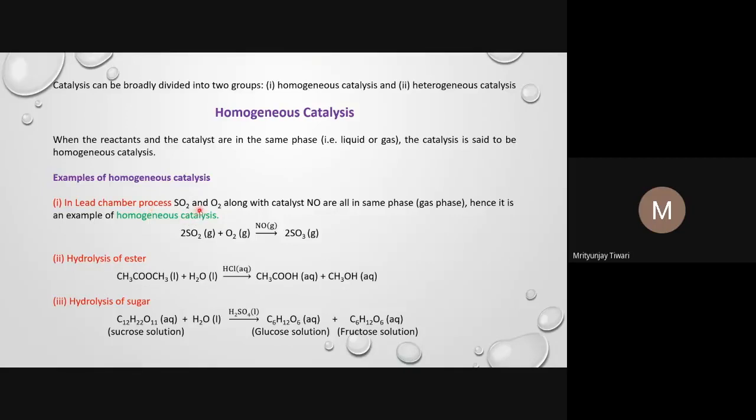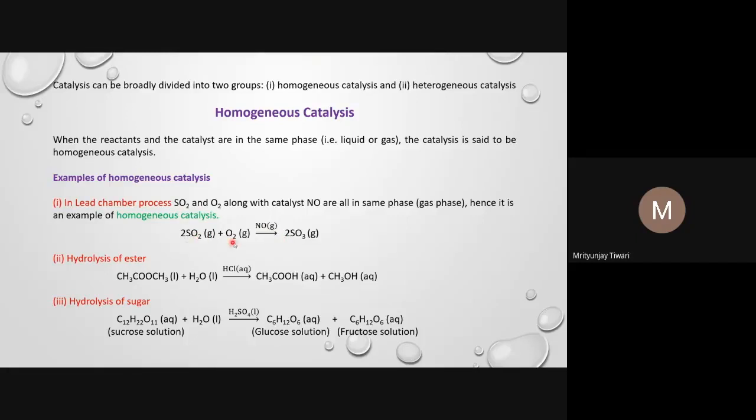Here SO2 reacts with oxygen along with the catalyst NO, nitric oxide, and all are in the same phase. SO2 is a gas, oxygen is a gas, and NO is also a gas, so they are all in the gaseous phase. They are in the same phase, hence this kind of catalysis is homogeneous catalysis.